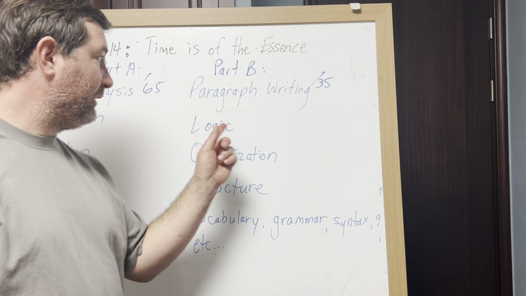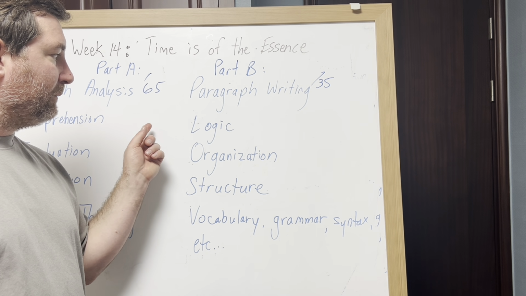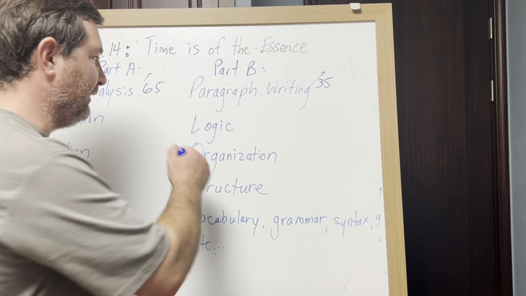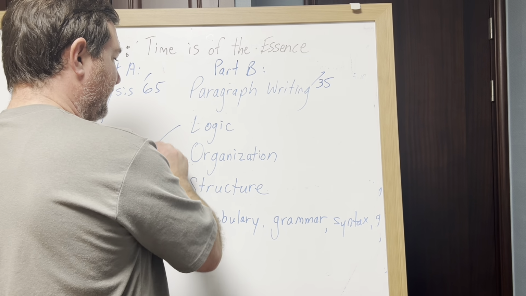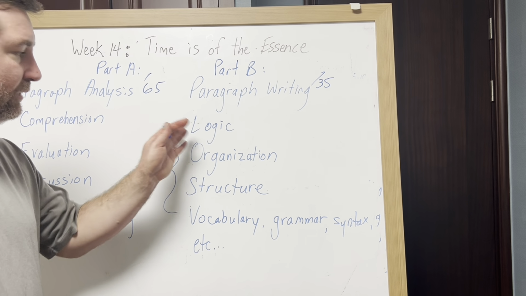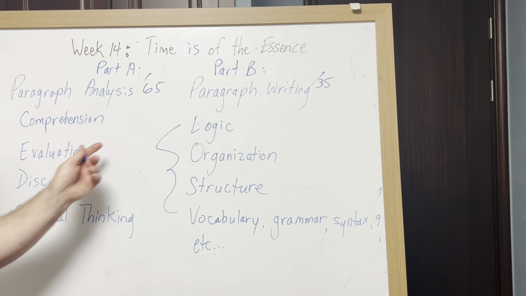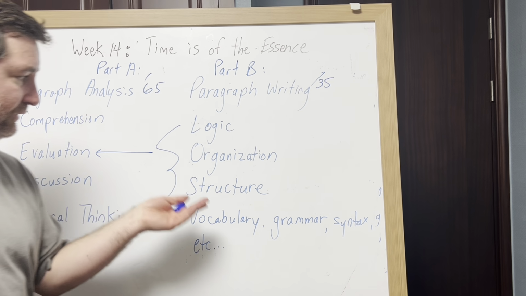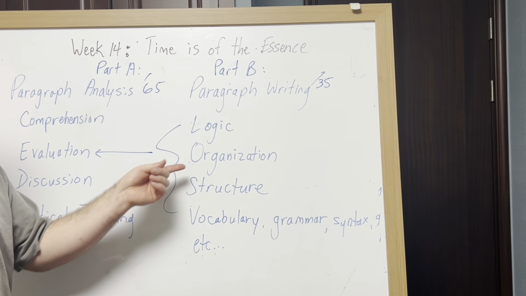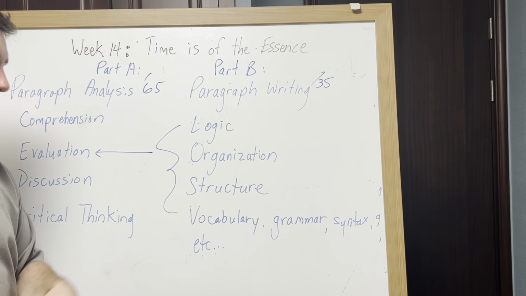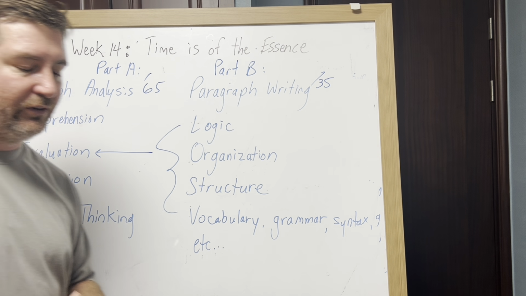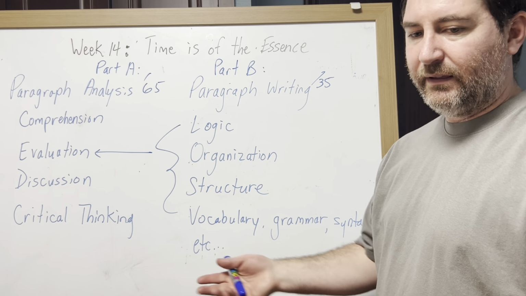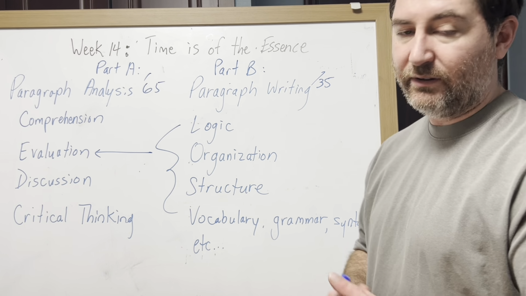When you get to the part about paragraph writing, this is sort of the order, because you probably want to know the criteria, right? Whenever somebody evaluates your writing, they're going to have their criteria. So you have to apply this, and this is the evaluation part. When you read the passage, you look for the logic and organization and structure. Is there a topic sentence? Is there a concluding sentence? Do the supporting sentences make sense? Are they connected to each other? How good is the organization of this paragraph?